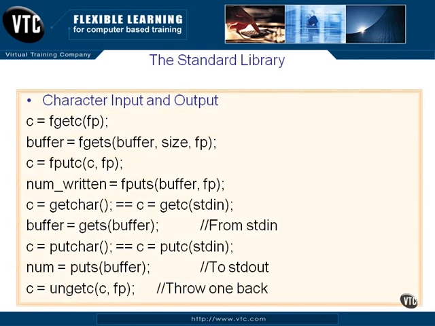There's also character input and output, after we have a file open or we're going against standard in and out. Here we have fgetc from a file pointer, which gets a single character. fgets reads a string from a file pointer, up to this many characters, puts it into the buffer, and also returns a pointer to the same buffer.